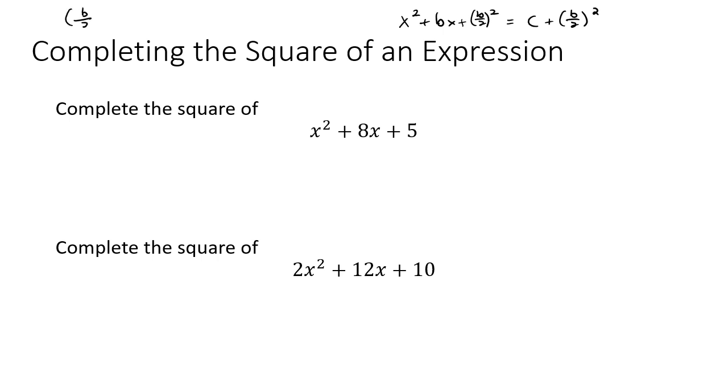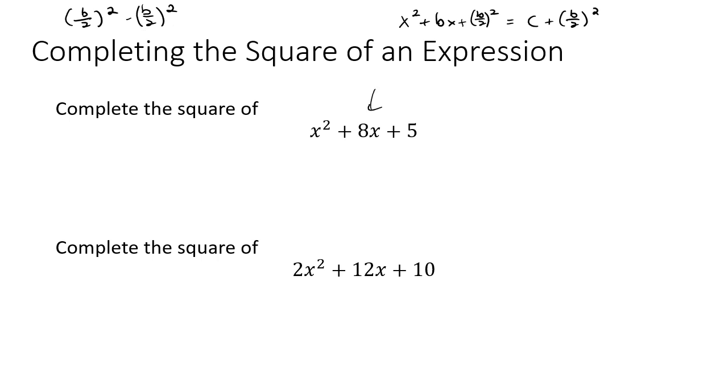We're going to add in b over 2 quantity squared, but we're also going to subtract off a b over 2 quantity squared as well. This has the net effect of adding 0, so it doesn't change the value of the expression. So the positive one will go into making the perfect square trinomial. The negative one will stick around and combine with the constant on the outside.